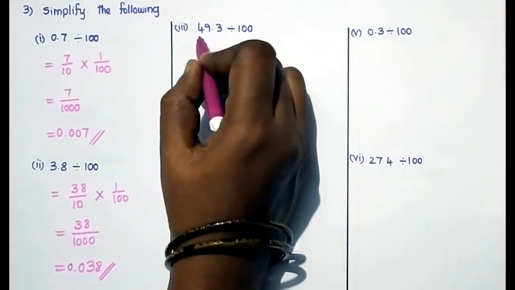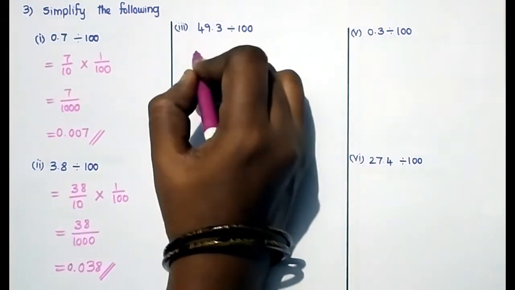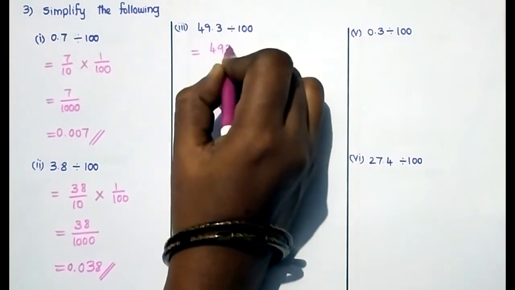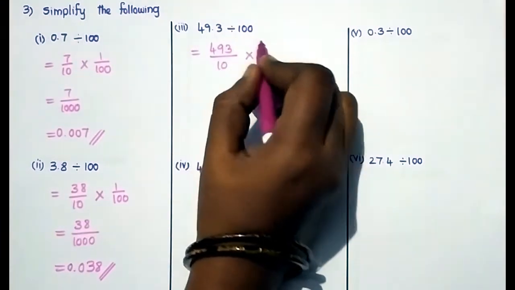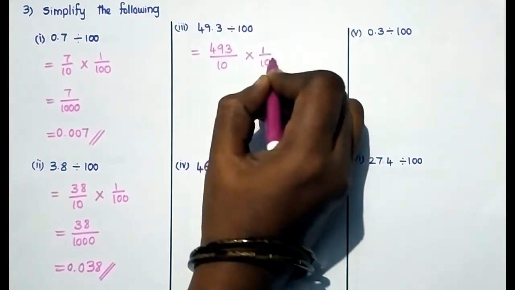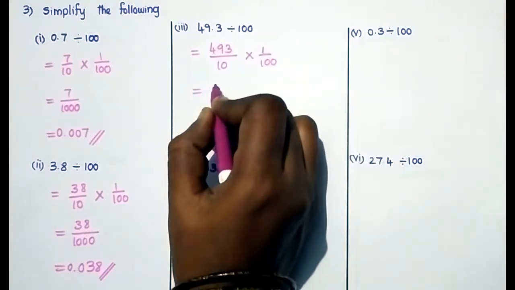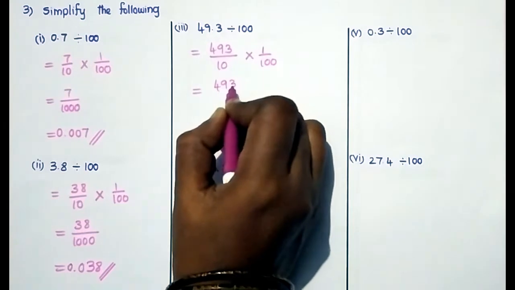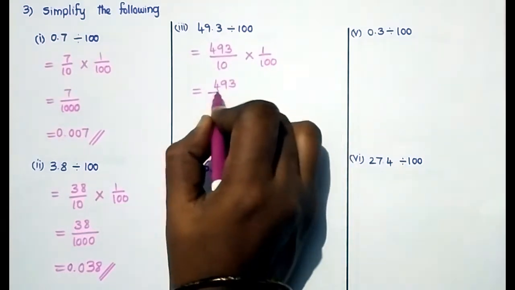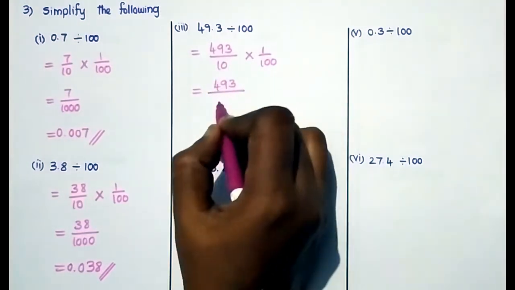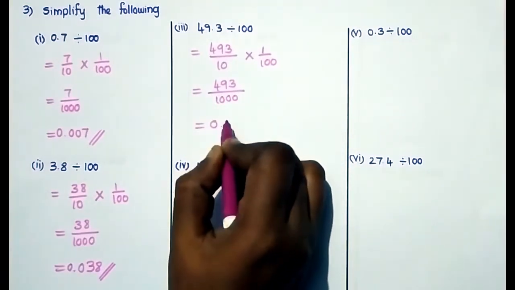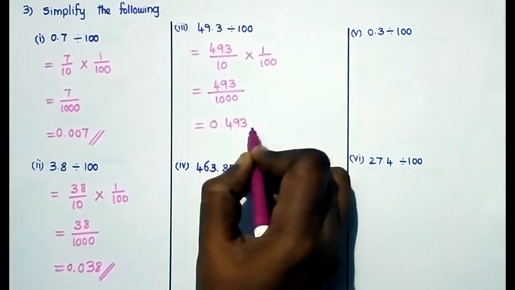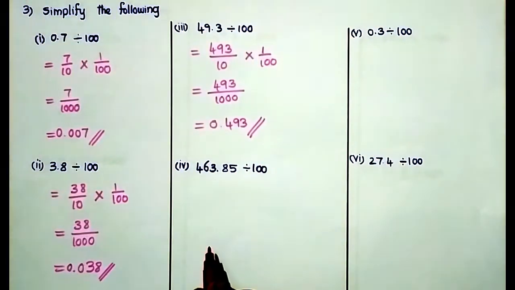Next one, 49.3 divided by 100. So 493 divided by 10 into 1 by 100. Now 493 into 1, 493 divided by 10 into 100, 1000. So 0.493 is the answer.